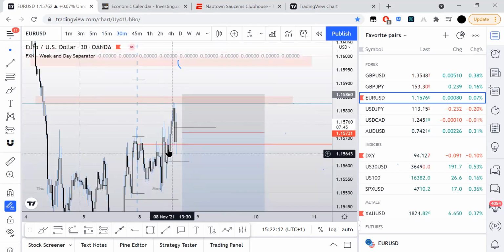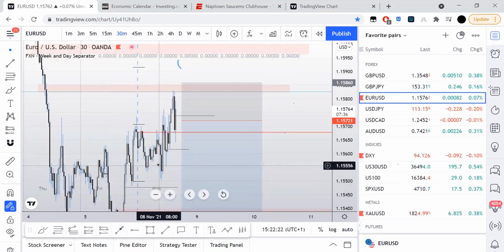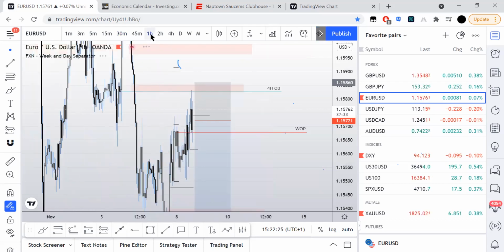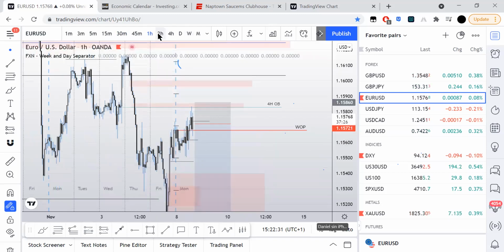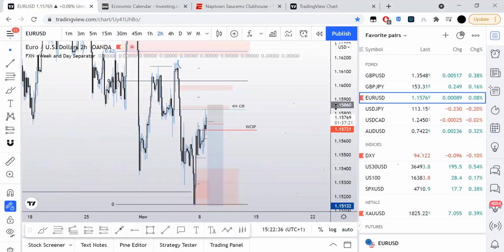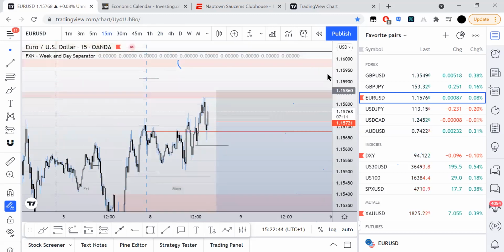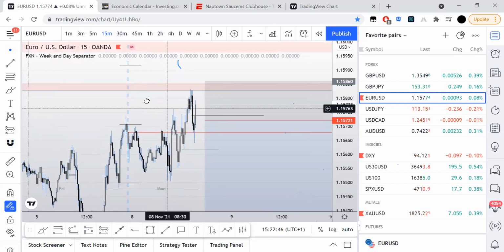Even though I didn't break this area right here, I can still sell. I just wanted to see this break before I entered, especially since I'm not completely comfortable with this area right here. This was Tuesday. I probably would have taken this though, and just accepted the risk. You gotta accept the risk.